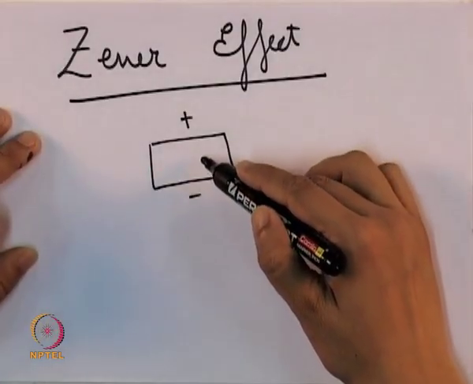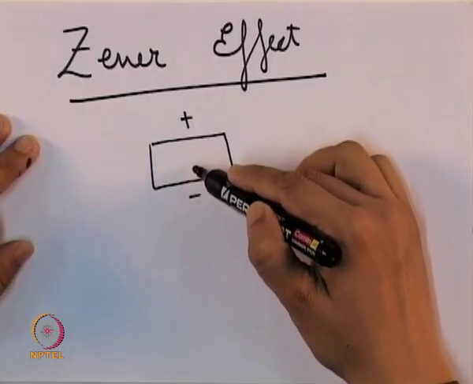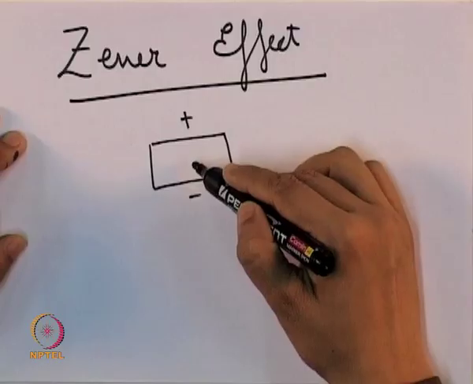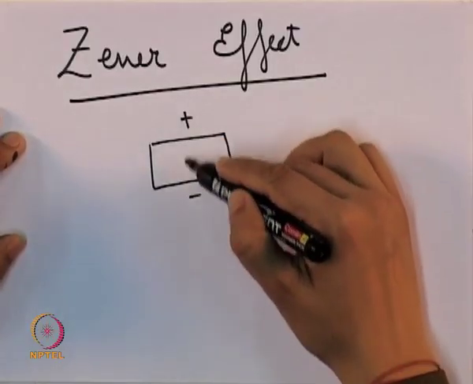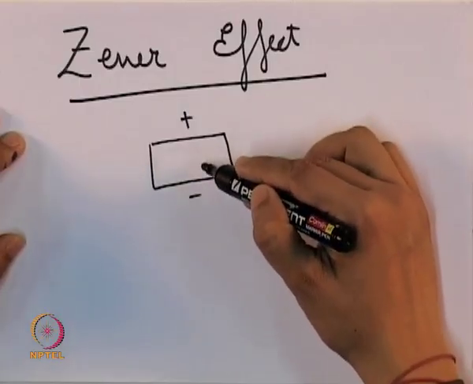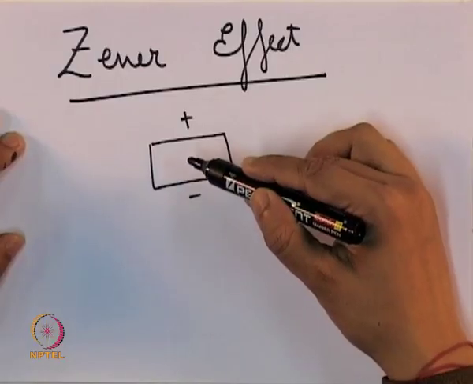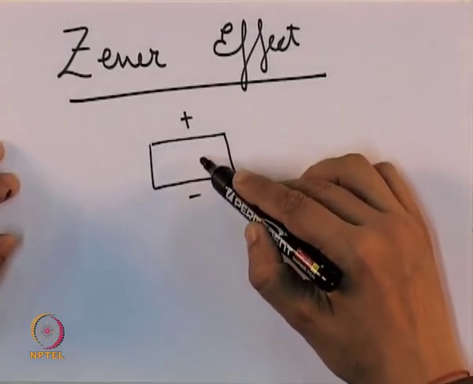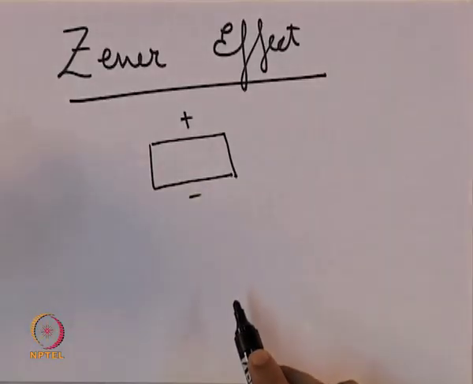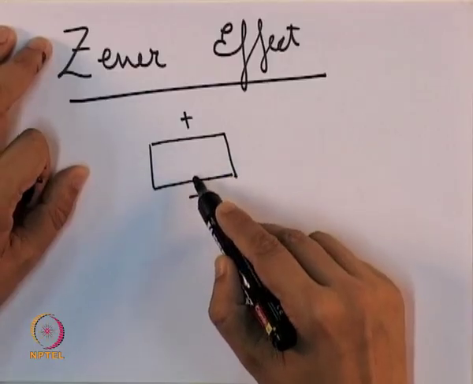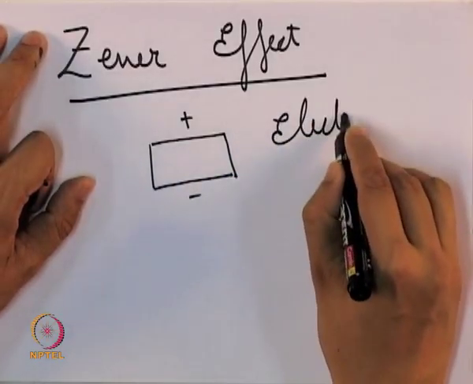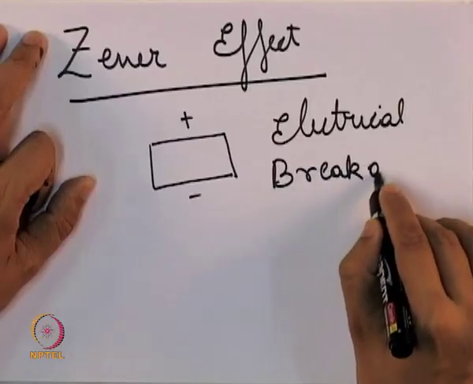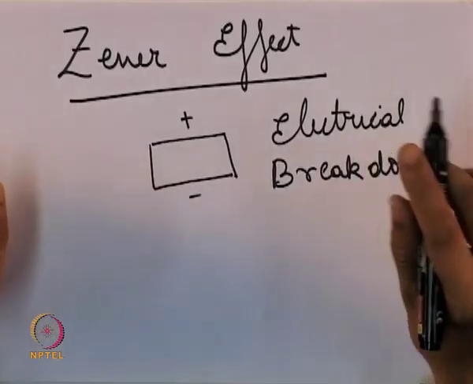Break down means the electrons, suppose this was an insulator initially, under the influence of the very high voltage will be pulled out and this material will go from non-conducting to conducting. Usually when this happens the material cannot go back to its previous state. So if there is an electrical breakdown, then the material cannot come back to its initial state.